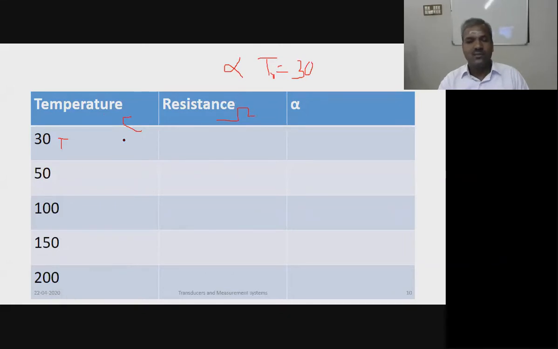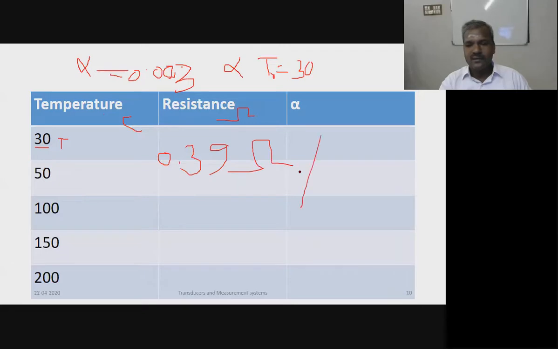So what is the resistance? Actually, I forgot to tell you, the alpha value for platinum is 0.0039. The sensitivity of the platinum RTD is 0.39 ohms per degree Celsius.